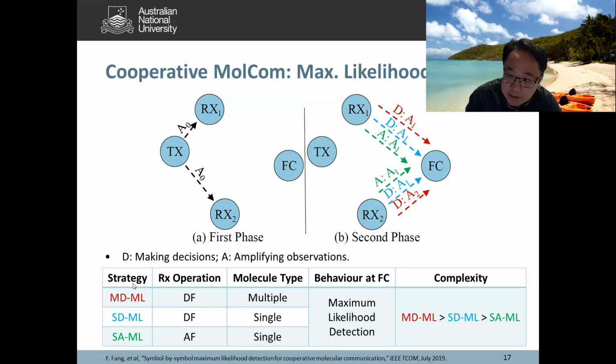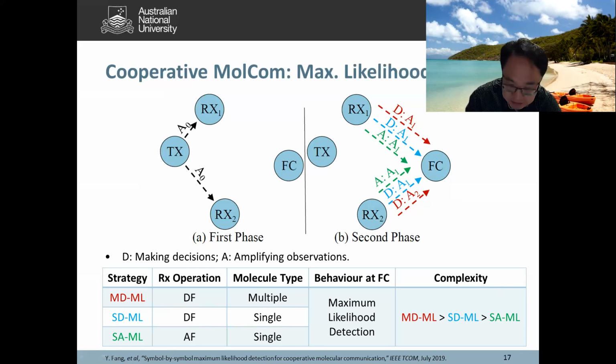So by comparing these 3 proposed strategies, MD, SD, and SA, M and S denote how many types of molecules we use in each strategy, and D or A denotes the operation at the receiver. So we can see MDML, SDML, and SAML correspond to different operation mechanisms at the receiver and different types of molecules adopted by different receivers.